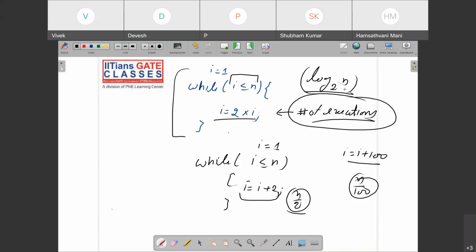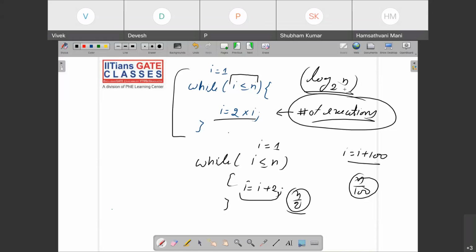It keeps going like 2 to the power p until it is greater than n. So we generally need the value of p there, right? Yes, we need the value of p. That will only come if we take log of n at base 2.